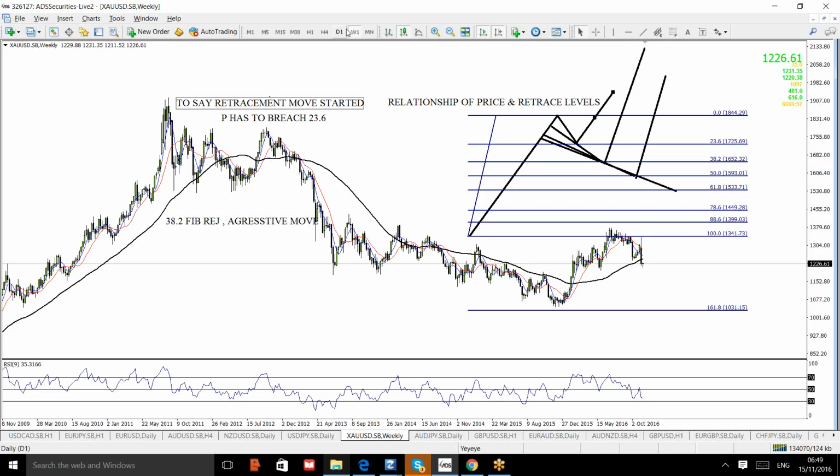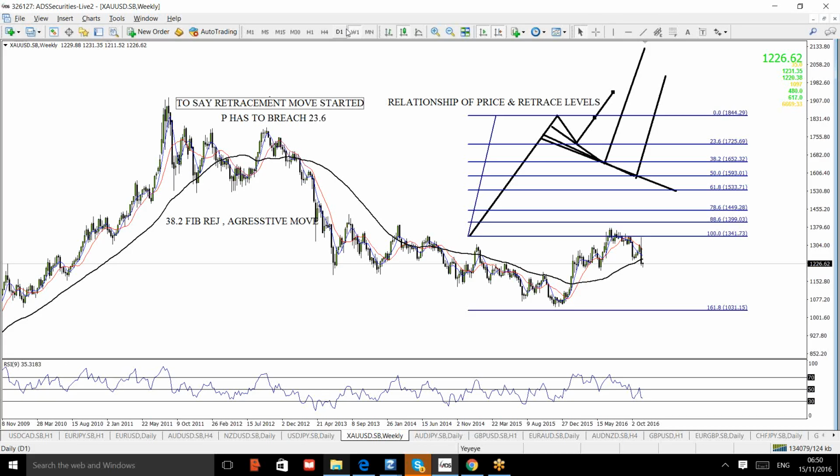Hence, whenever there is a retracement move, most of the time you will see the price approaching 61.8 Fibonacci, because institutions move the price to the 61.8 Fibonacci retracement of the leg, and that is where they book their profit taking. Understand, guys?